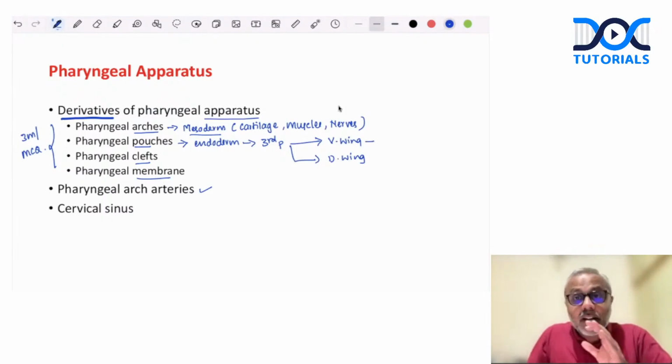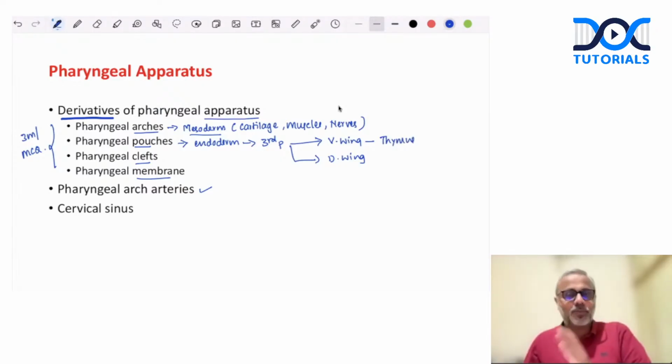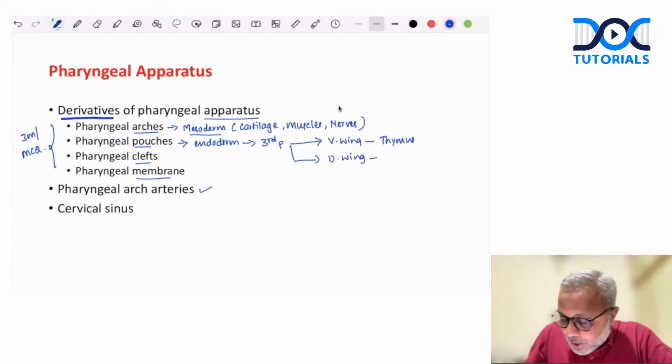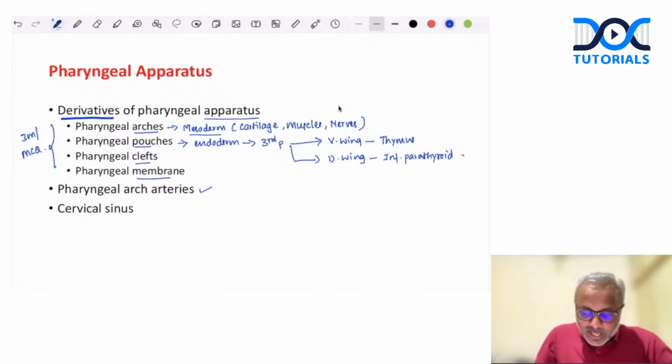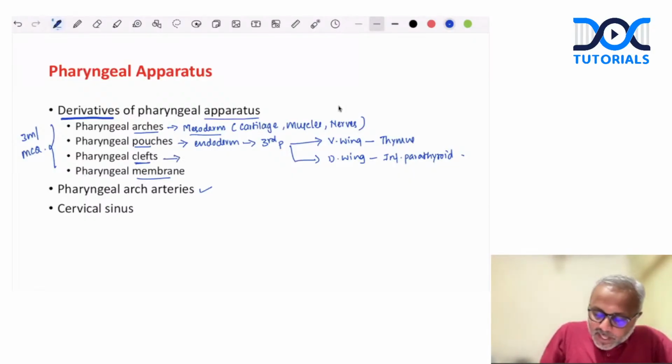Remember, the ventral wing will give rise to the rudiment of the thymus, the development of the thymus, whereas the dorsal wing gives rise to the inferior parathyroid. So to this detail, we must know the derivatives of the pouches. Are we clear? Right. Then what about cleft? Remember, whenever we use the term cleft, we are referring only to ectoderm.